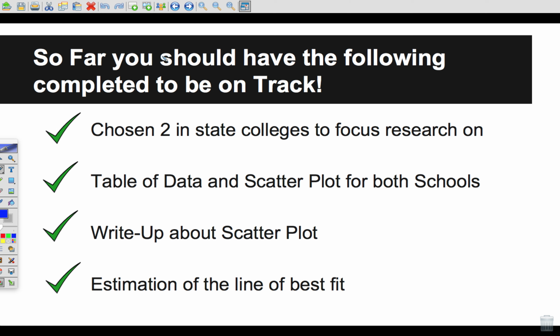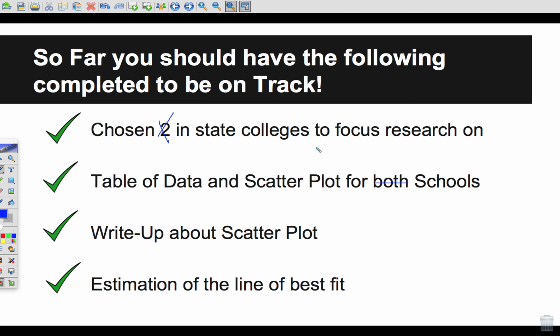Okay. So far you should have chosen your state, college, or university to focus on. You should have created your table of data and your scatter plot. And this is for both schools. This is just one school. So that's for one. Okay. For your one school. This was from an old activity.